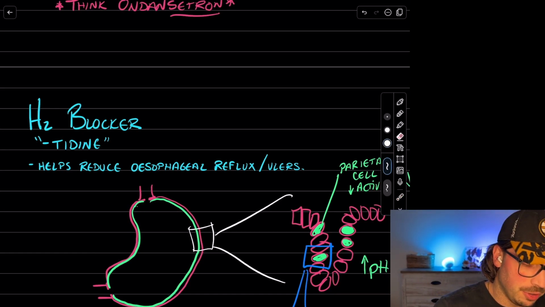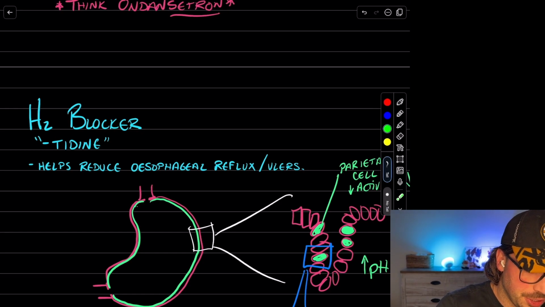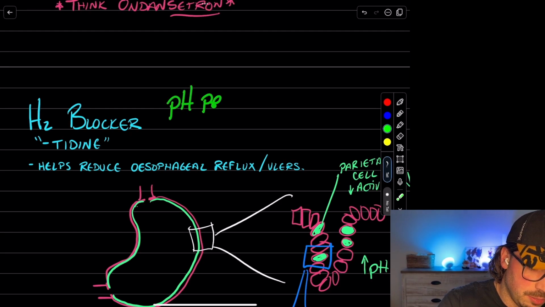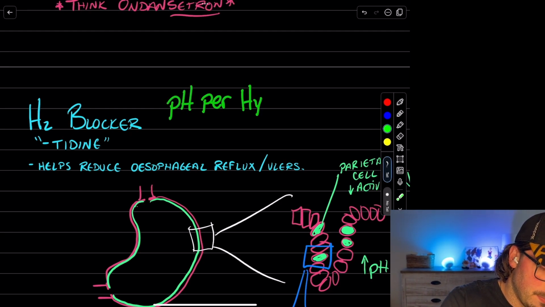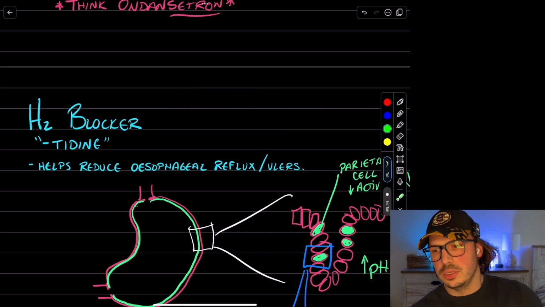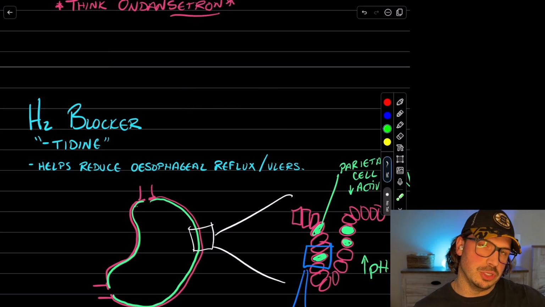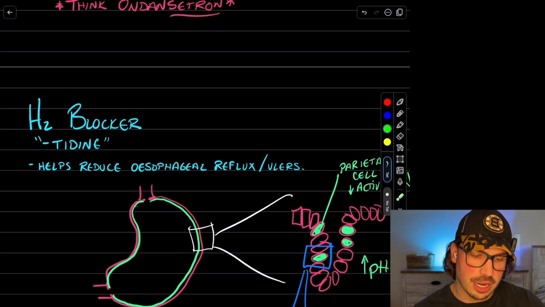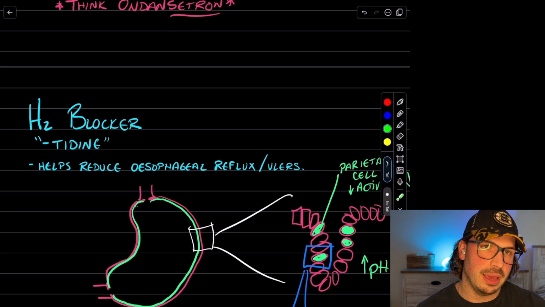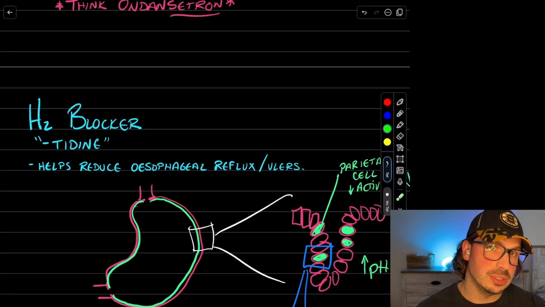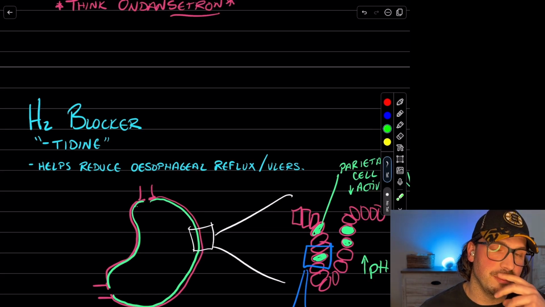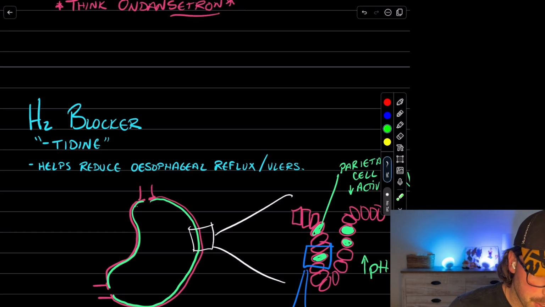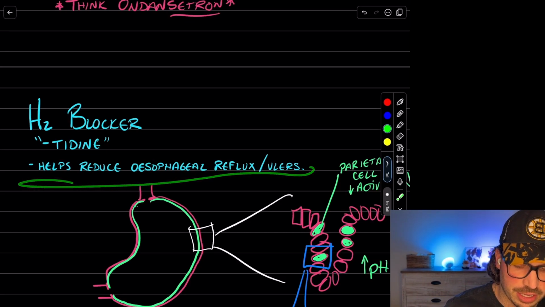And if you don't remember, when you think of chemistry, your pH is per hydrogen, right? So H2 blockers are going to reduce the amount of hydrogen ions that are being released into the stomach, which is going to help keep the pH up a little bit. So it's going to reduce acidity, which is going to help with acid reflux. That's what these medications are for, right? So esophageal reflux and ulcers.